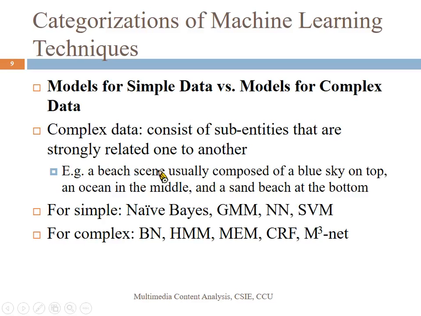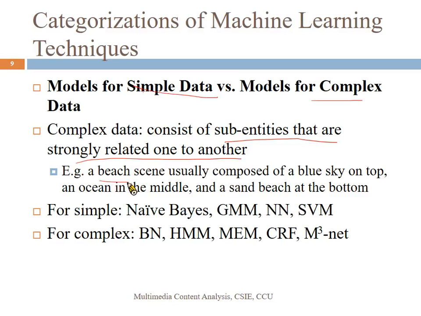Another perspective to categorize machine learning techniques is models for simple data or models for complex data. Sometimes there are high interrelationships between different entities, and some models may be more appropriate to describe the relationships between different entities. The complex data may consist of sub-entities that are strongly related to one another.